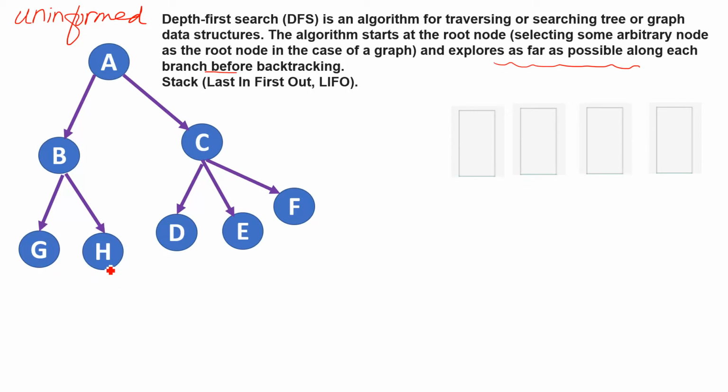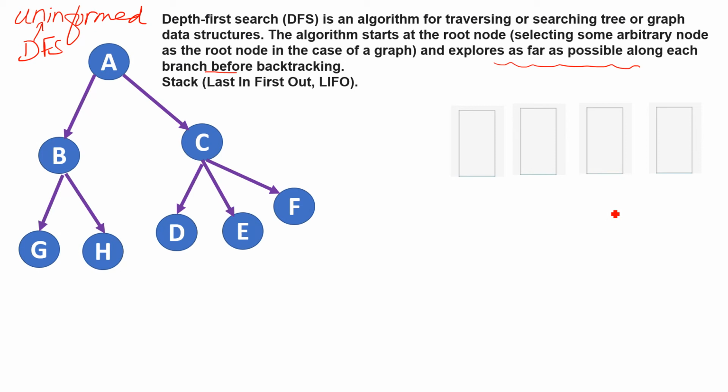We do not have information how to reach our destination or our goal state. Suppose our goal state is D or E or H, whatever. We do not have any idea if we are using DFS, and DFS belongs to uninformed search where we do not have domain knowledge, right?